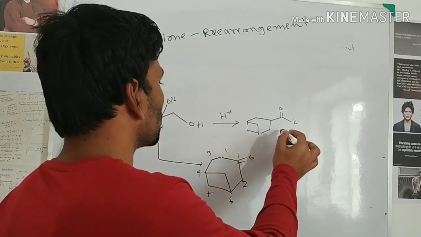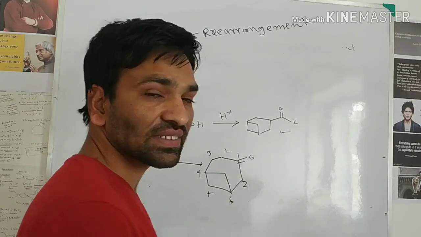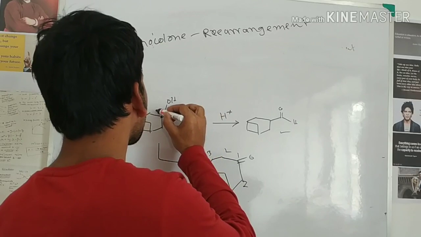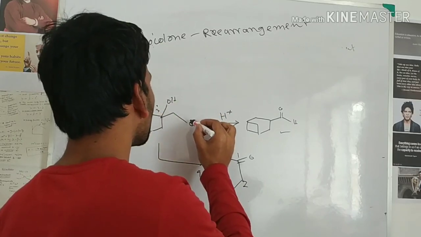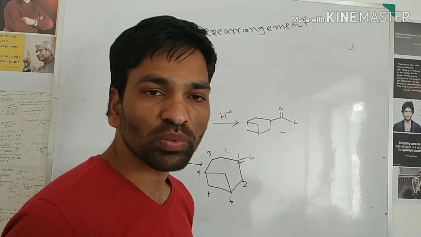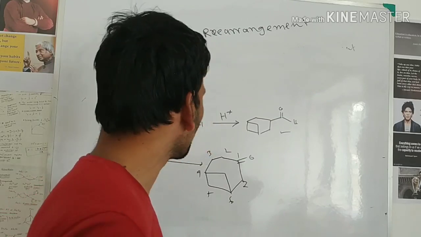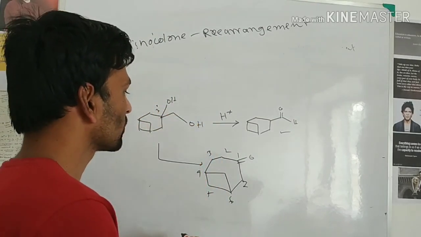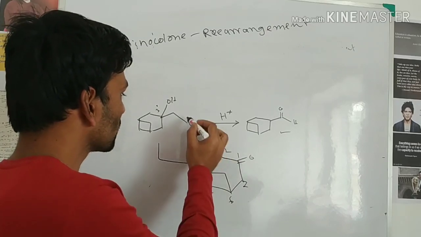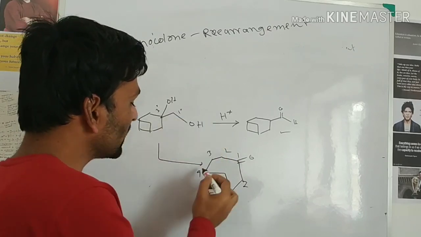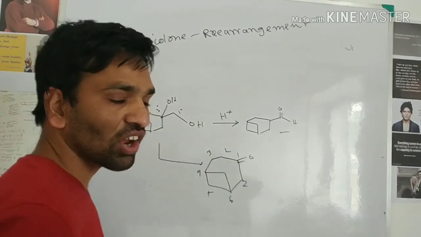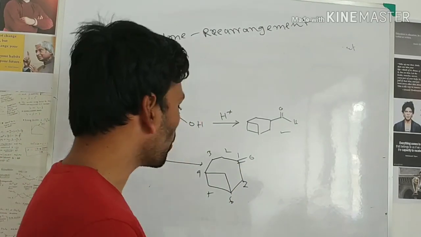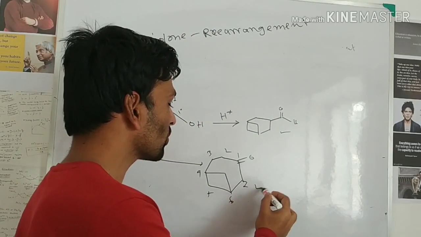This is formed by the tertiary OH group leaving and forming the tertiary carbocation. But here the primary carbocation leaves and the bond shifts and forms this compound.